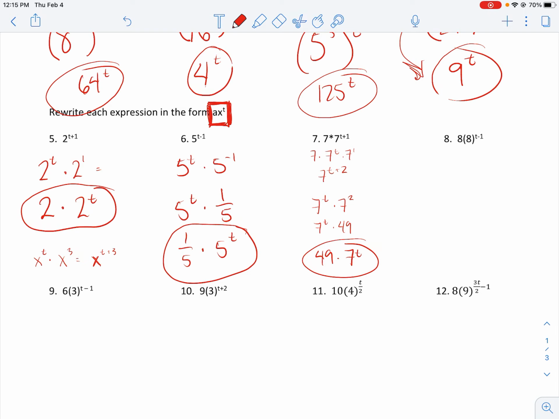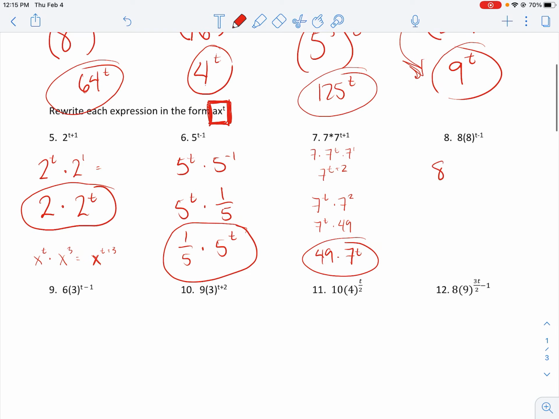Okay. Let's try this next one. Again, just an extra number in the front: 8^t and 8 to the negative 1. Remember, this one doesn't have to be as difficult as you think. If we were to multiply all these back through, we would add the exponents, but I've got a 1 and a negative 1.